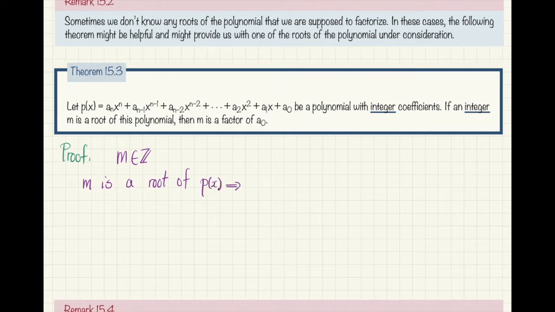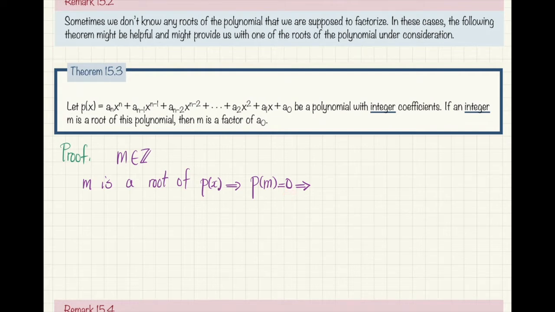It means that p of m is equal to 0. Yes? But what is the meaning of p of m? It means that I need to go to my p of x and replace every x that I see here with number m. And then the result is supposed to be equal to 0.